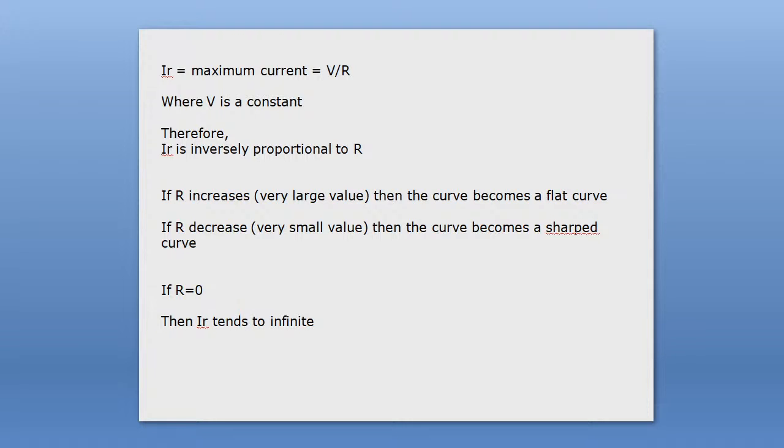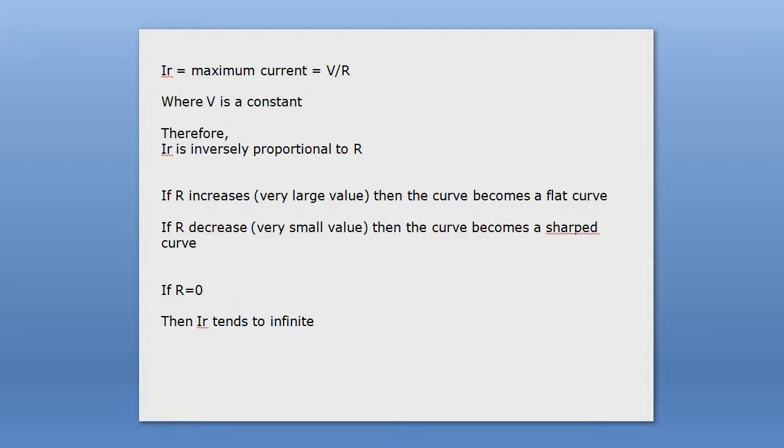To select a particular frequency channel or station, you need to design a selective circuit which can select that particular frequency range, irrespective of others. So we will choose a very narrow band selective circuit. Narrow band selective circuit means a sharp curve.